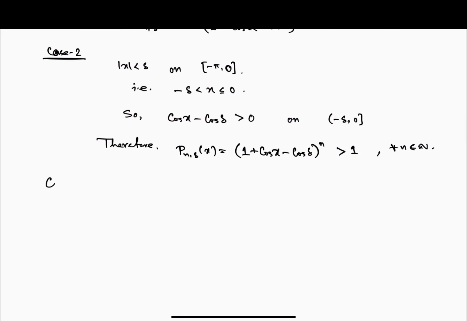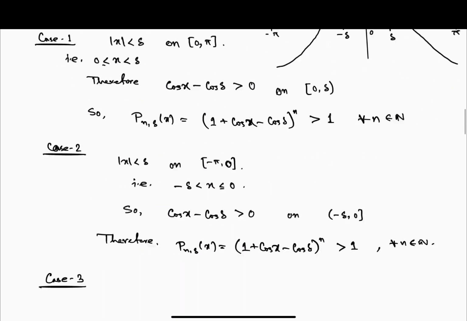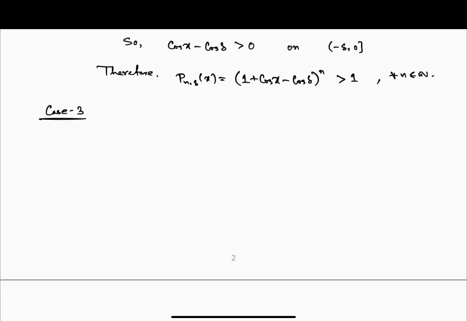Now case 3: when x lies in the range bigger than delta and less than pi, positive x which is bigger than delta. So delta less than x less than pi. Then what will happen to cos x minus cos delta?